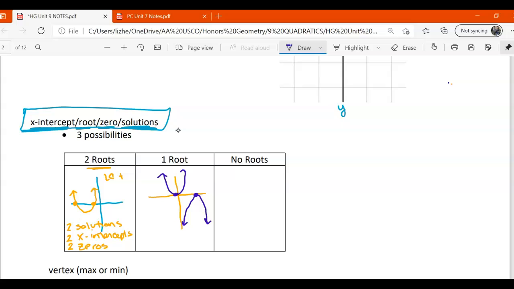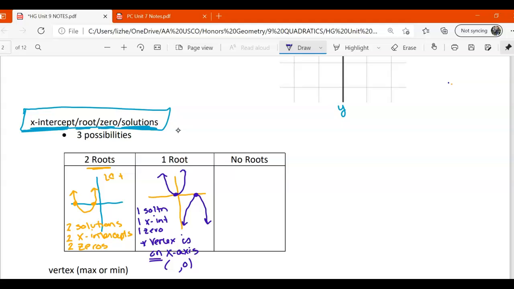All right, so we have 1 solution, 1 x-intercept, 1 zero. Vertex is on the x-axis. All right, which means for your vertex, this number has to be 0, right? It's not, the y number is 0.